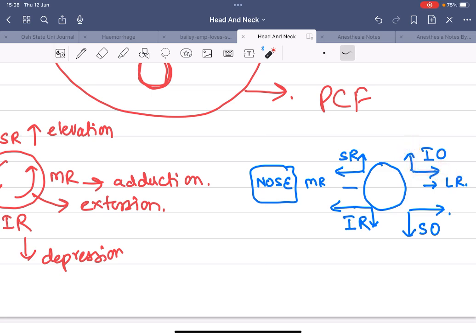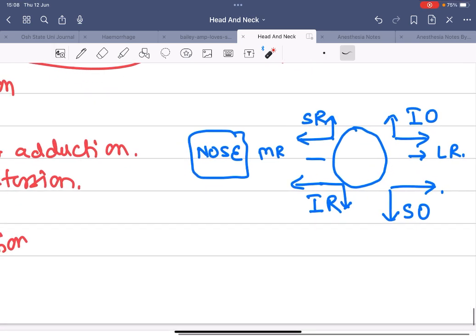One more action you can add here, intorsion and extorsion. So here I will write intorsion. So if I write here intorsion, it means here it will be extorsion. Here I will reverse it. Extorsion, opposite, intorsion.